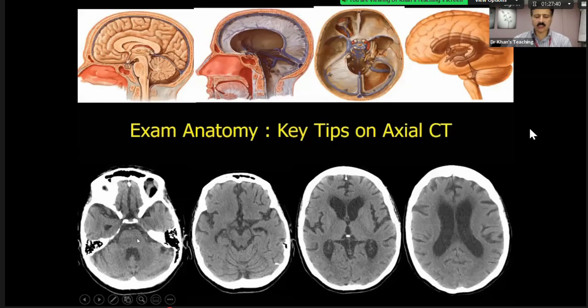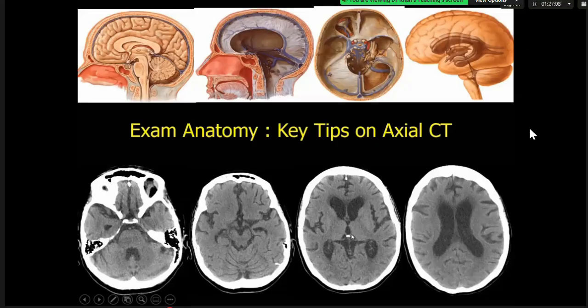On an axial slice, the formula is, I call it the fat man. So the pons has got this protuberant belly, and Mickey Mouse is the name of the midbrain. You can see that the Mickey Mouse has got ears here. So on an axial slice, as soon as you see the Mickey Mouse, you know that you are at the level of the midbrain. So that's the formula.